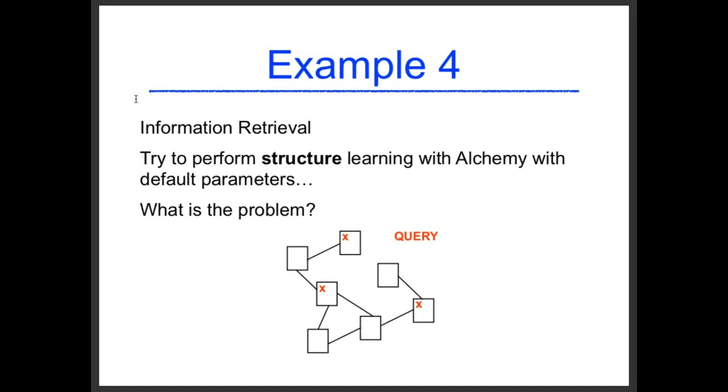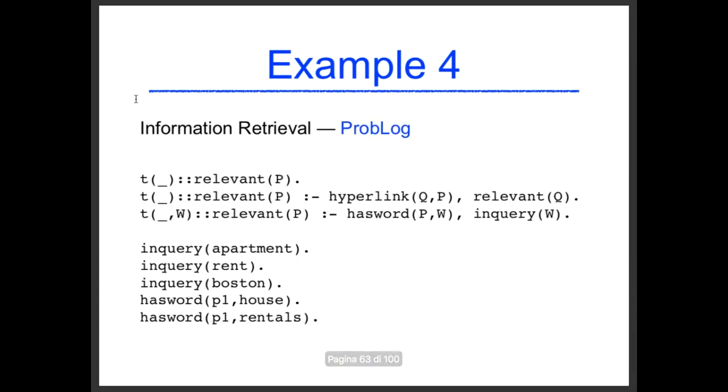Before doing this, if there is time, let's see with ProbLog, it's the same. You specify maybe a prior for the relevant predicate, and you specify the same two rules that you have for MLN.